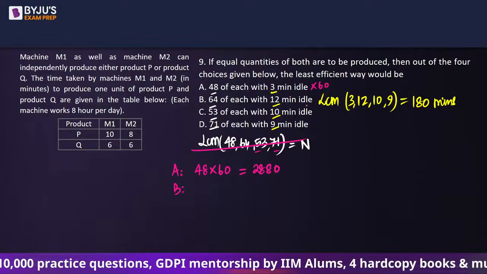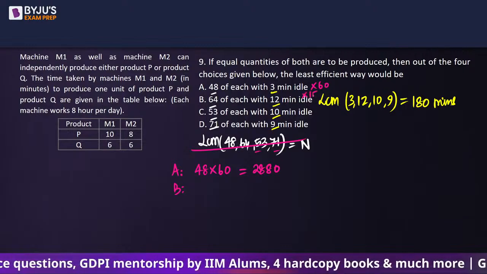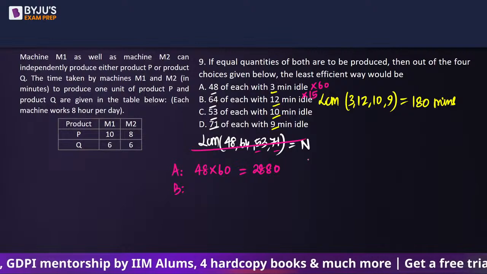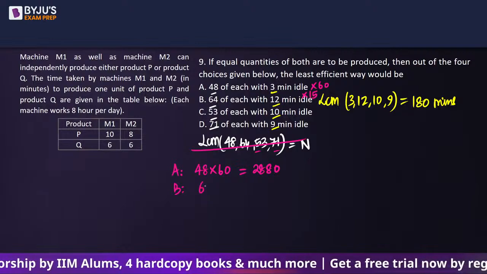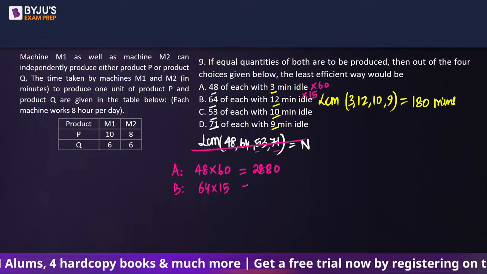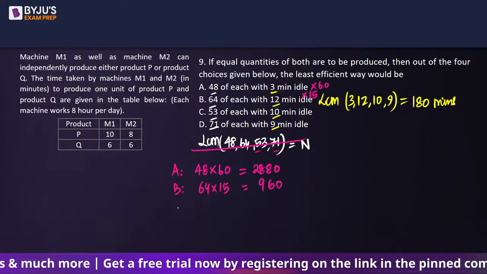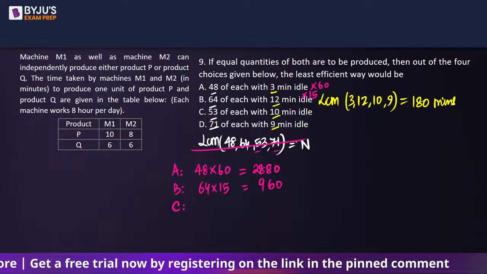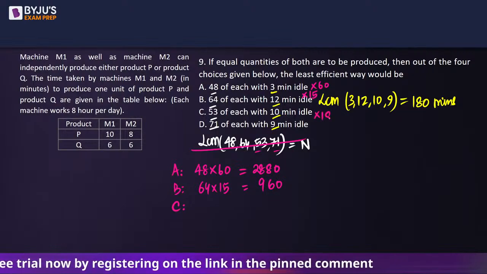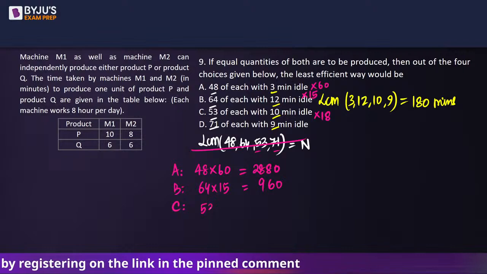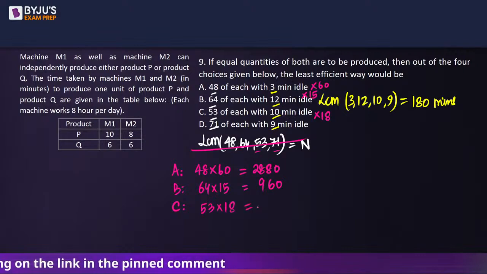Okay, let's look at B. 12 ka how many times is 180? So this is 15 times. So we will have 64 into 15. So 640 plus 320, which will give us 960 units. If we look at C, 10 ka kitna times hai ye? 18 times. So we will have 53 into 18, these many units produced. Now 53 into 18 is it more than 960?